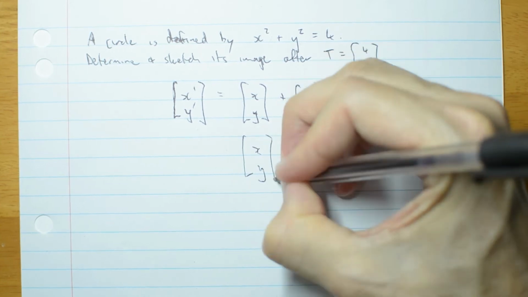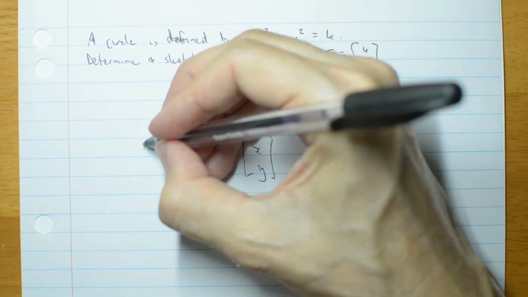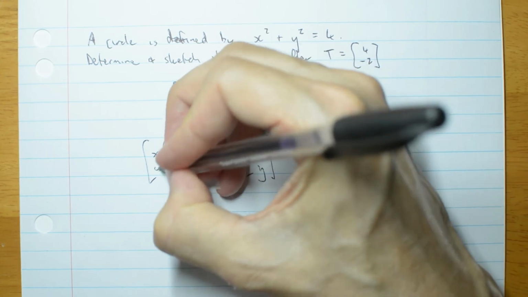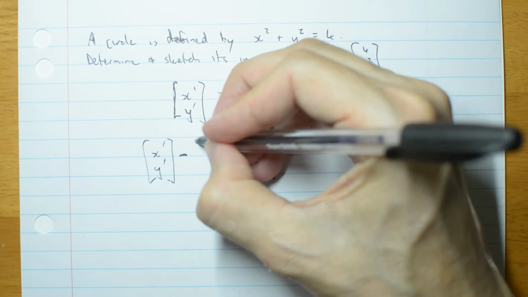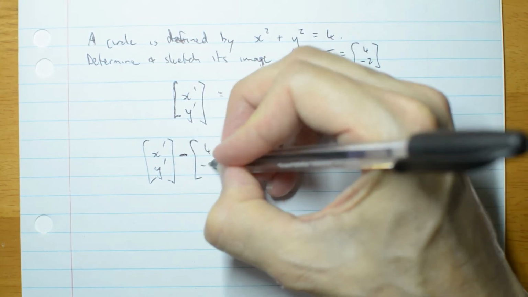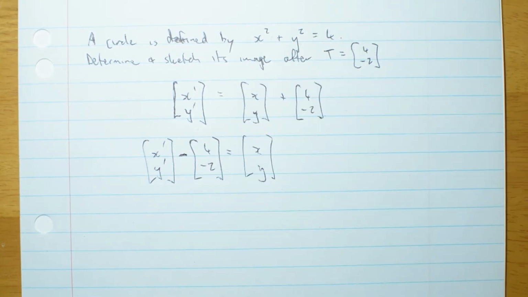x, y is going to be equal to what we already had, x prime, y prime, minus, instead of plus, minus 4, -2. So what I can now do is write this as 2 equations.